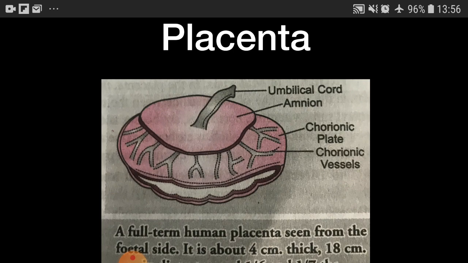So what are the main functions of placenta? Main functions of placenta are to supply food and oxygen from the mother's blood into the fetal blood.